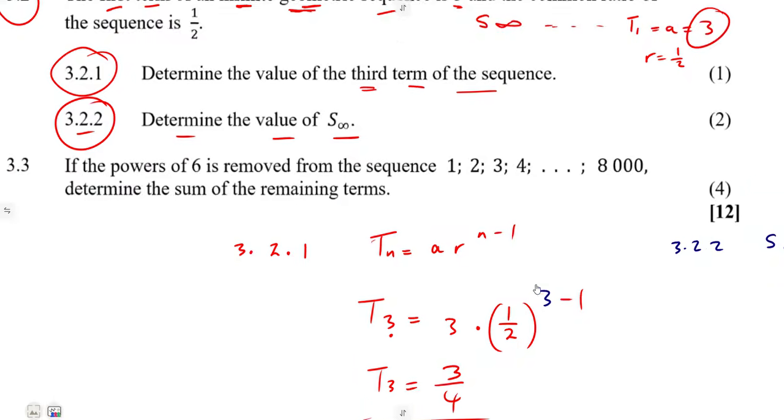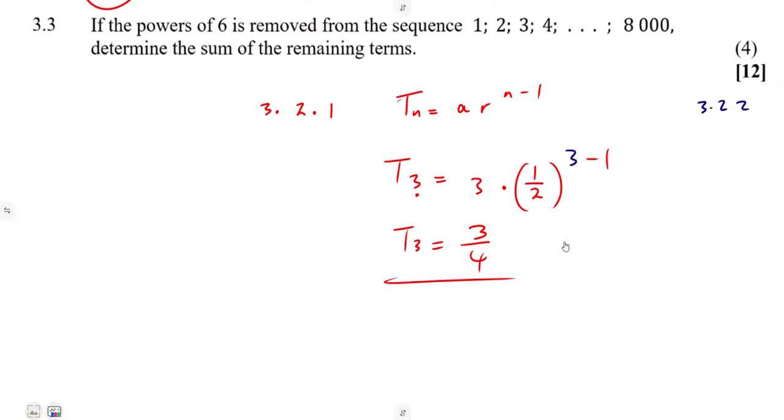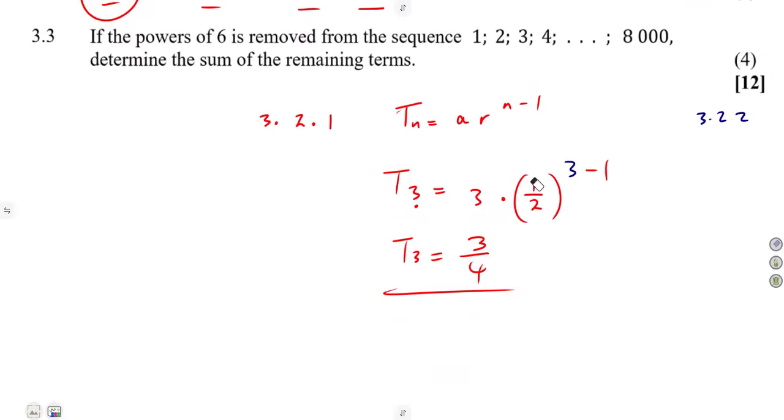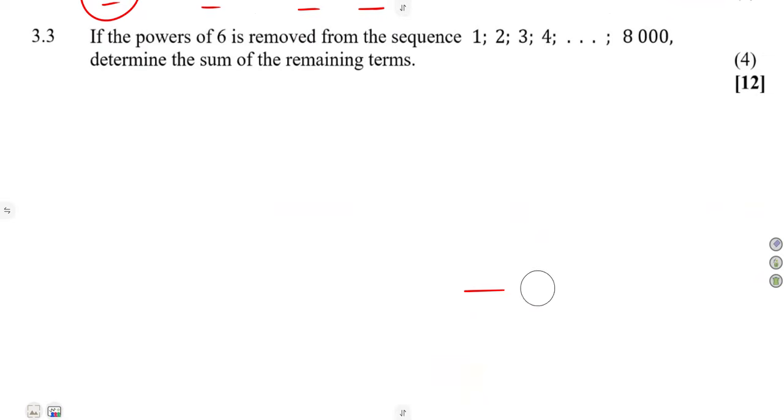Let us consider another part, 3.2. We are given here: if powers of 6 are removed from the sequence, all right? So this is a new question on its own. That is, the powers of 6 are removed from this sequence. All right, what is the actual type of sequence that we're given originally here? 1, 2, 3, 4, and so on.